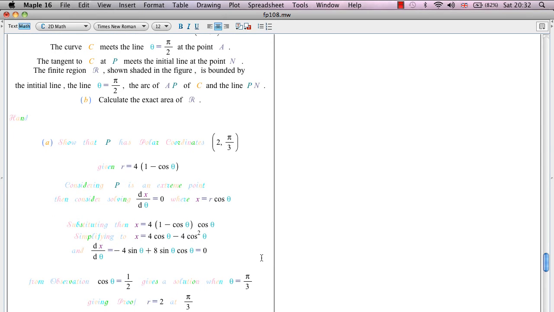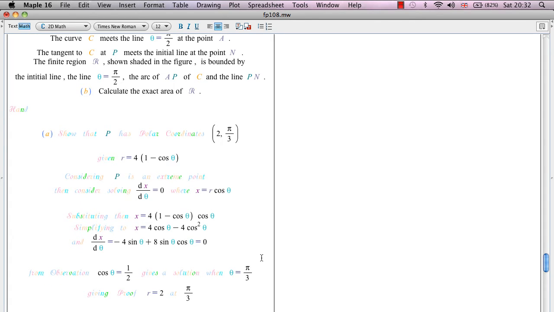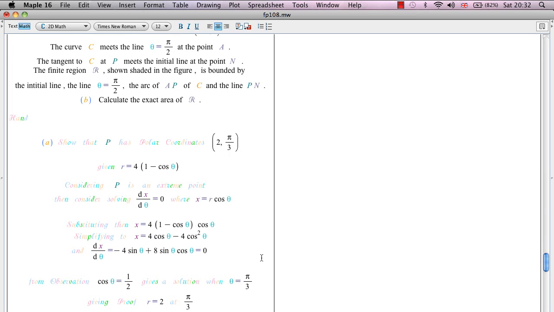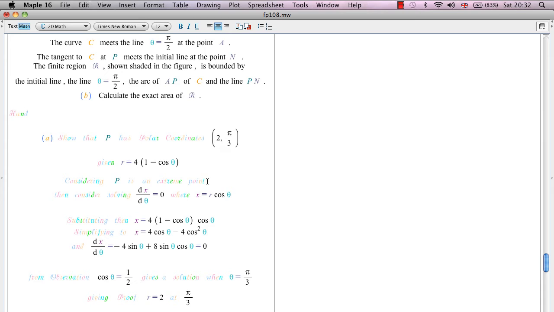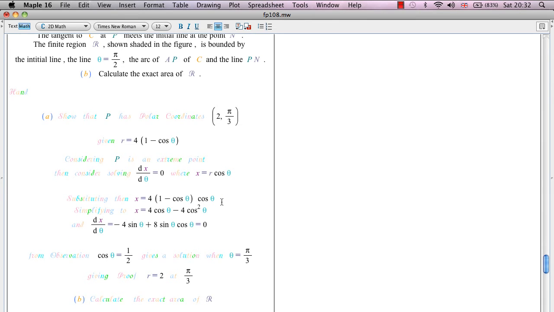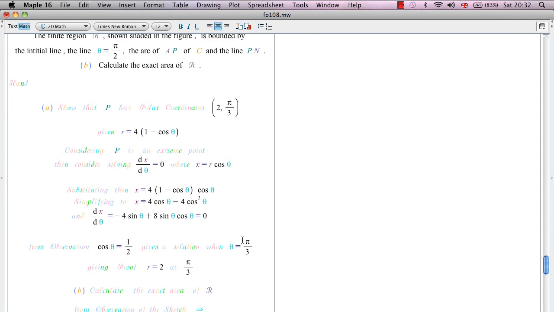From observation we see that cos theta will be a half, so theta will be pi over 3. So for polar coordinates r, theta, when theta equals pi over 3, r will be 2. So giving the proof.